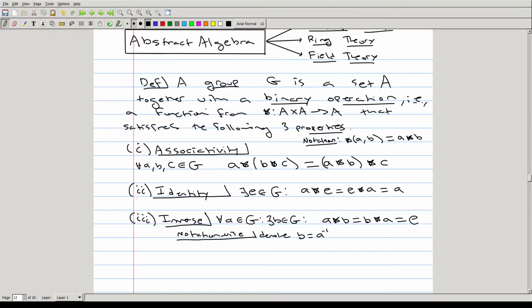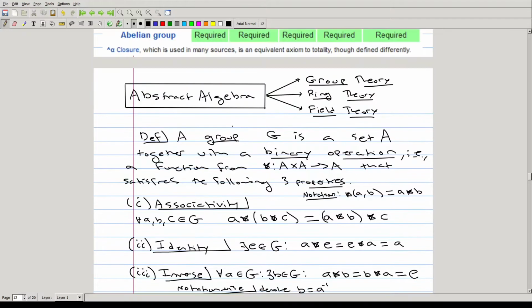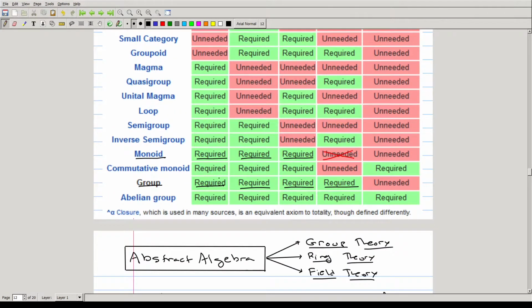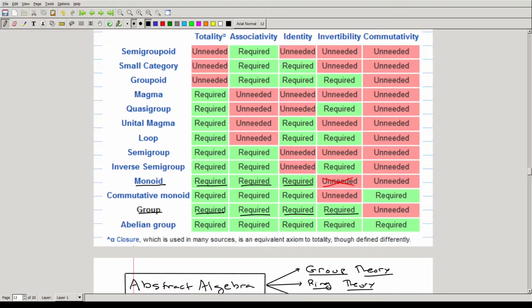So for any two inputs from A, when we put them into this binary operation, we're going to get another element in A. So the fact that this is a function is directly the reason why the closure condition is satisfied for the group. And then the other three conditions are associativity, identity, and invertibility.